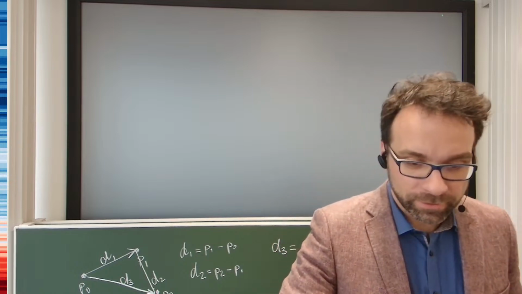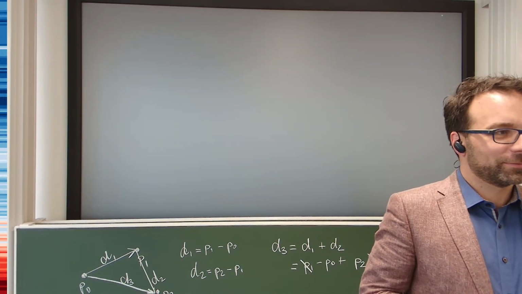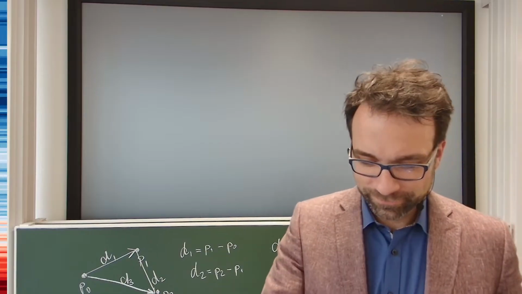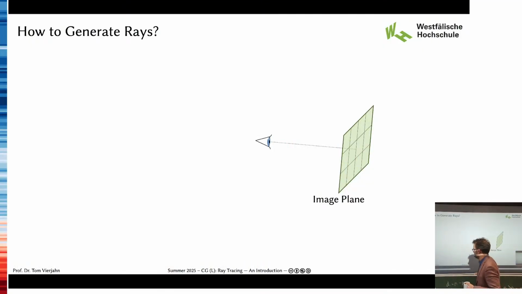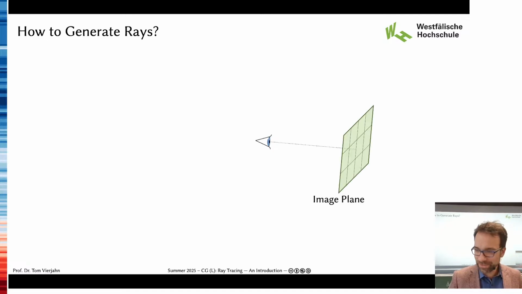Okay, how to generate rays? Well, take the eye, take the image plane, shoot a ray. So you need the eye, and you need the image plane.